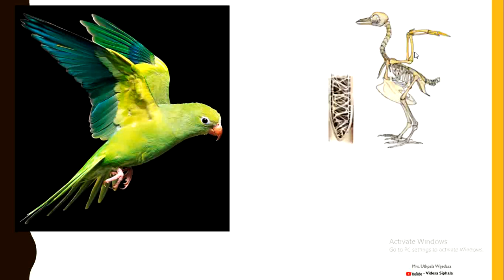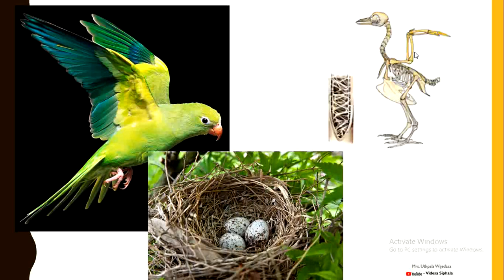Four-chambered heart with two atria and two ventricles are present from class AVES. They respirate by using lungs and these are warm-blooded animals, or else we call them as homeothermic animals. The reason is their body temperature does not change according to the environmental temperature. So they have a definite body temperature which will not change according to the changing environmental temperature.